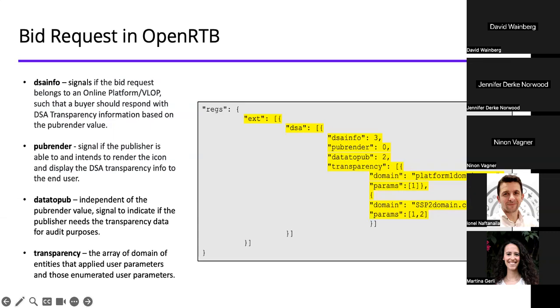Ultimately the requirement and the obligation is on the online platform, and so they may still want to receive that data, even if they're not ultimately going to render that information to the consumer. And then the last attribute in the bid request is the transparency object. What this contains is the array of domains of the entities that applied targeting and the contributing parameters that ultimately led to the selection of the ad that was displayed to the end user. Next slide.